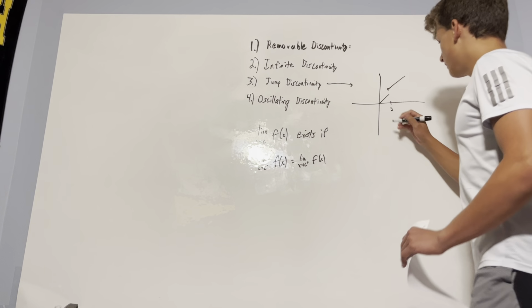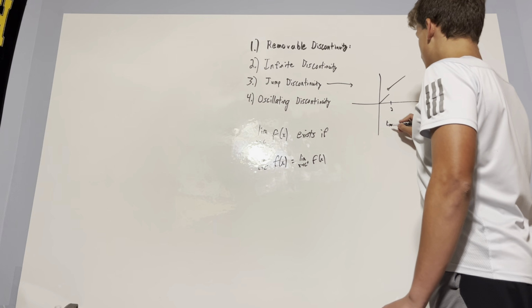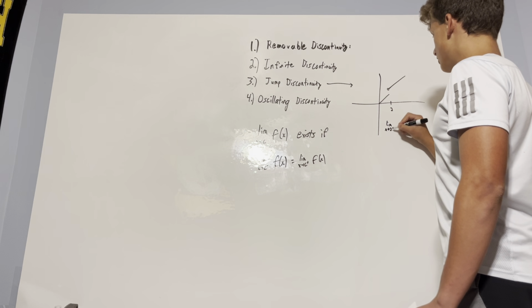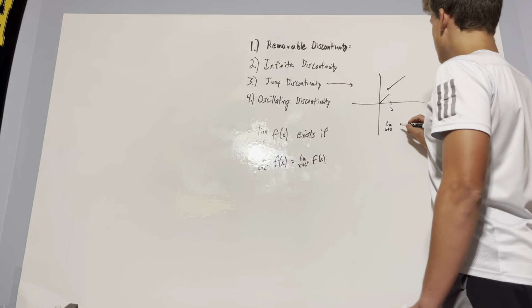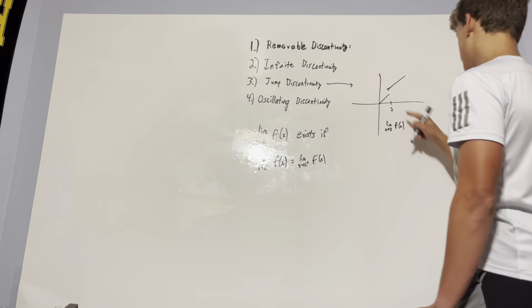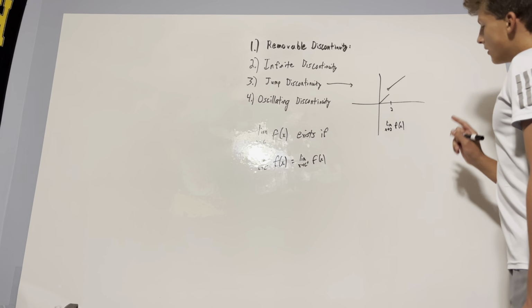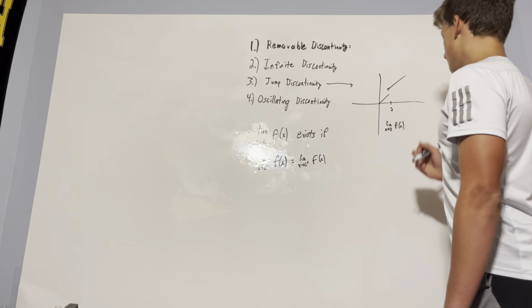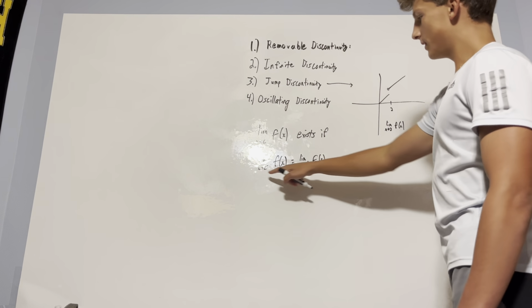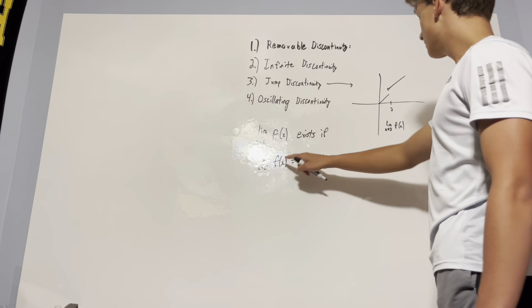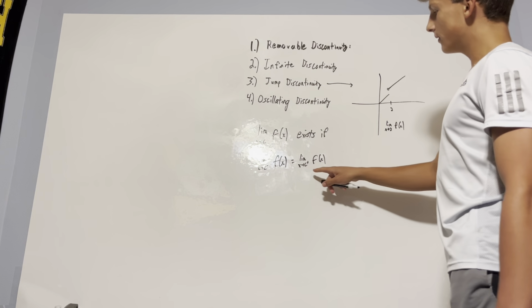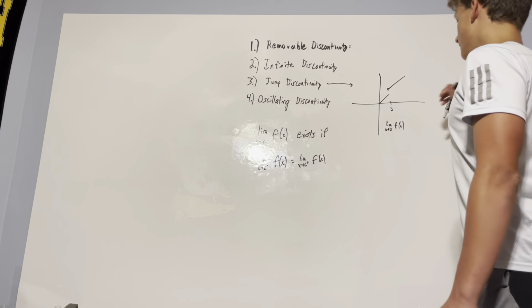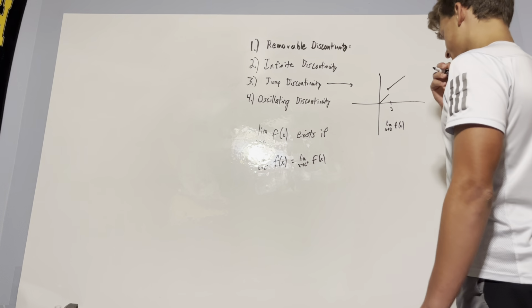If we want to look at whether the limit as x approaches 2 of f of x exists, we'll just say f of x here because the function changes. It will exist if the limit as we approach 2 from the left and the limit as we approach 2 from the right are the same.